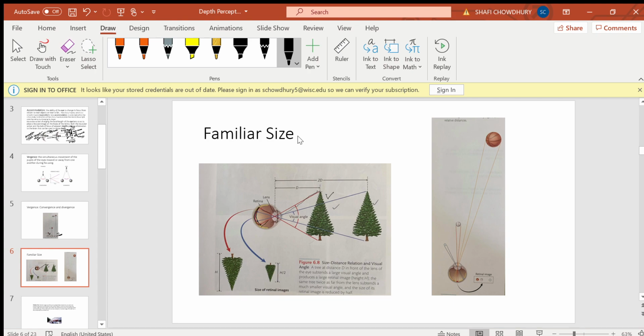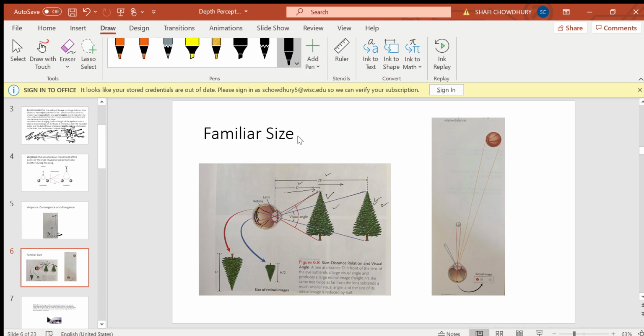And as you move away, you see another tree, same sized tree, which is at double the distance. This is the distance, and this is the double distance, 2D. And since the size on the retina here is half of this one, that's why you see this one much smaller. You see the blue lines here.